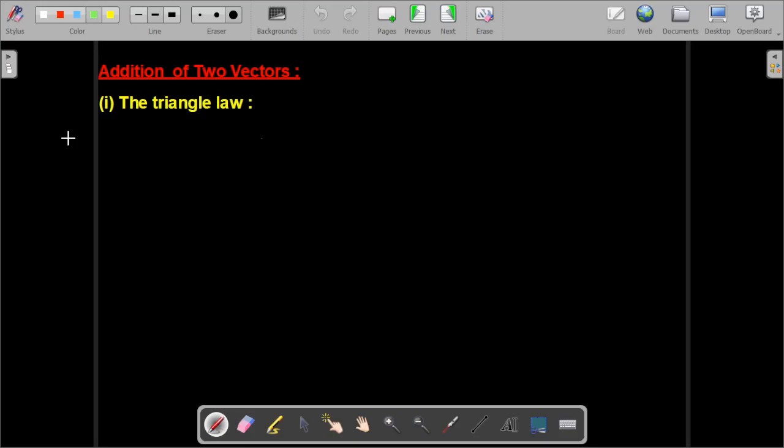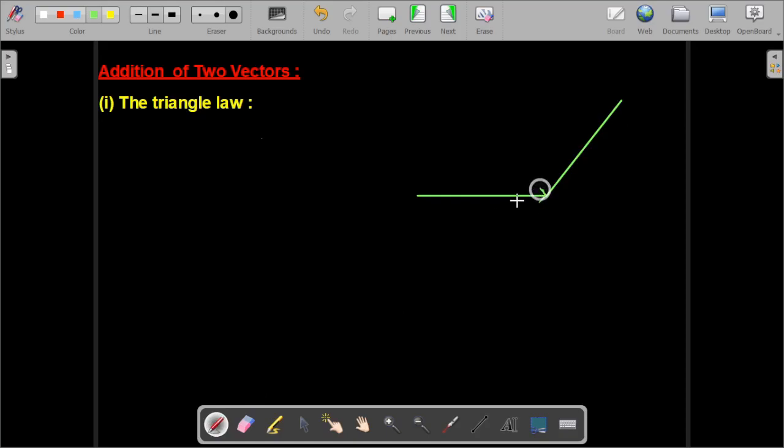Now come to vector addition. There are two laws of adding vectors. One is the triangle law, the other is the parallelogram law. In the triangle law, two vectors are given. Suppose this vector is acting up to this point, and another vector is acting in this direction from this point.